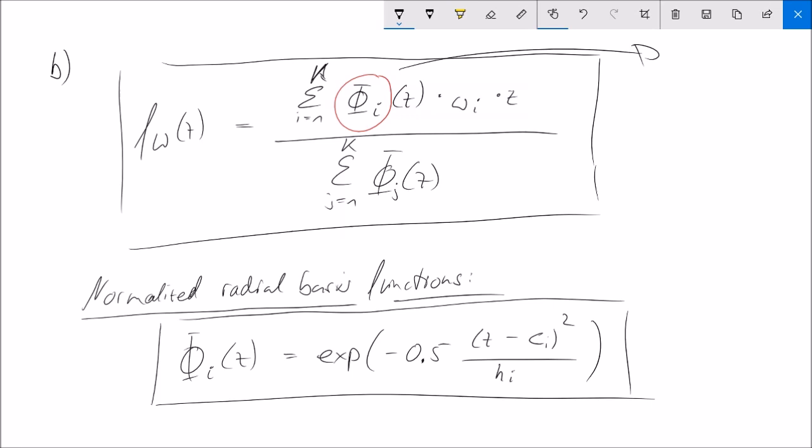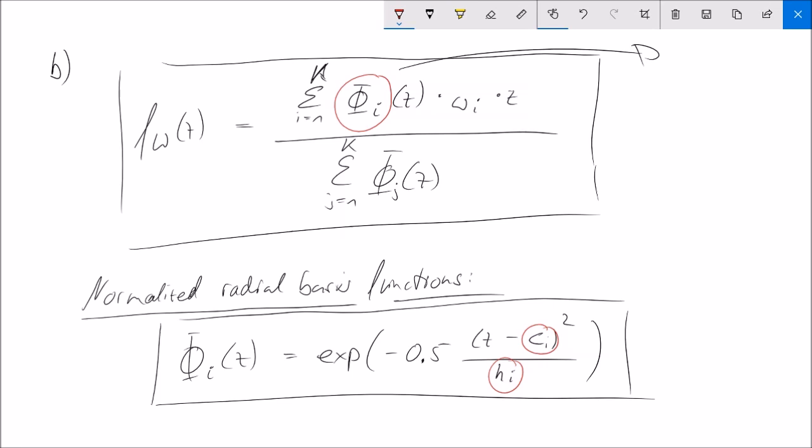So what we are now doing is to have a look into the structure of these basis functions. We have here two parameters, c_i and h_i, and these parameters define how the radial basis function looks.